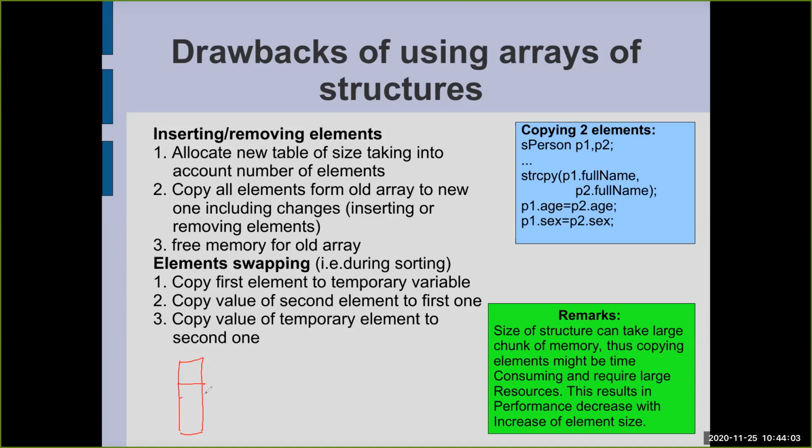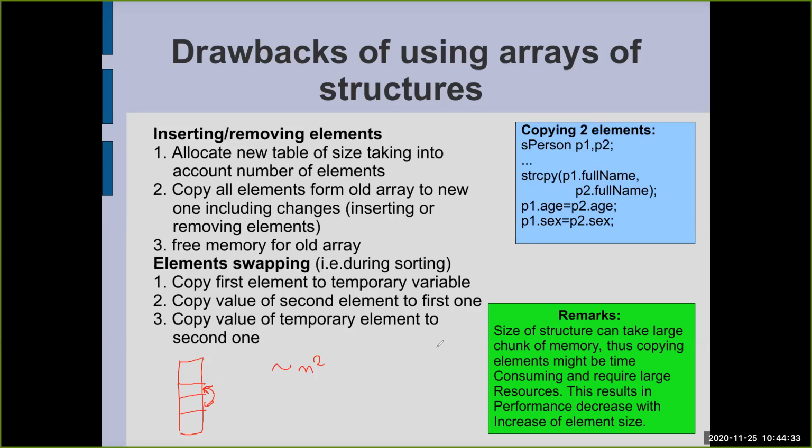So when I'd like to sort elements, I have to swap two elements many times. For bubble sort, the number of swaps is proportional to n squared, the squared size of the array.